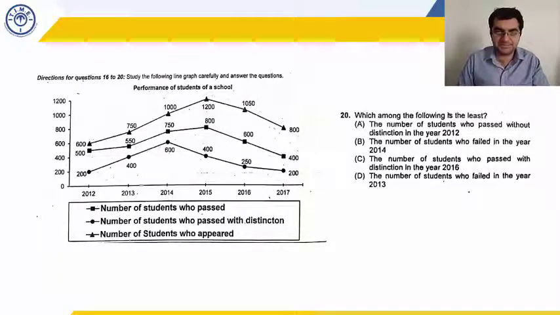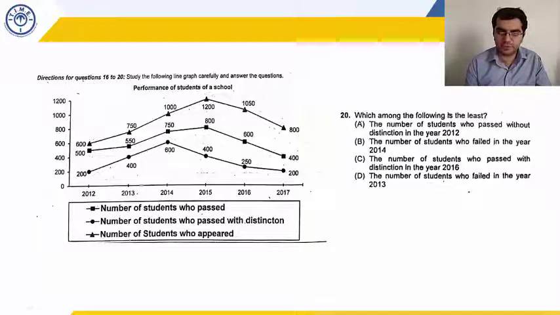Okay, let's see. Which of the following is the least? That means we need to calculate all of these. Keep writing them down and then you'll know the least value.